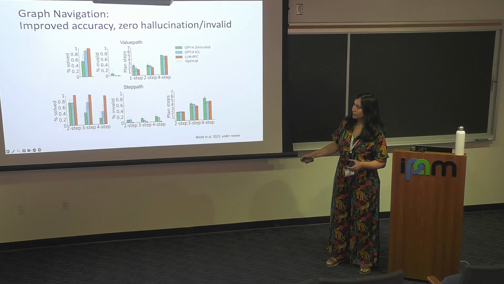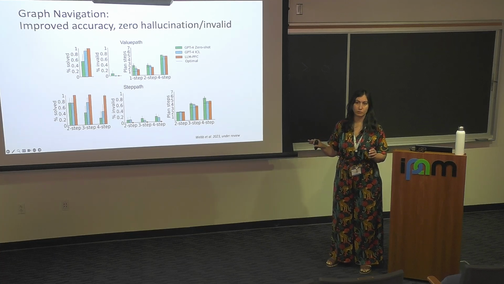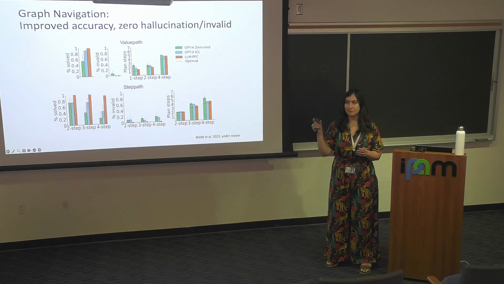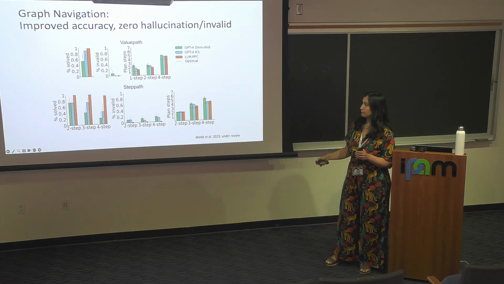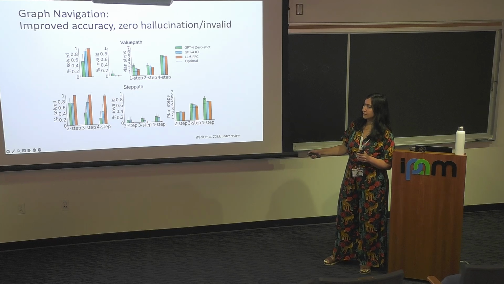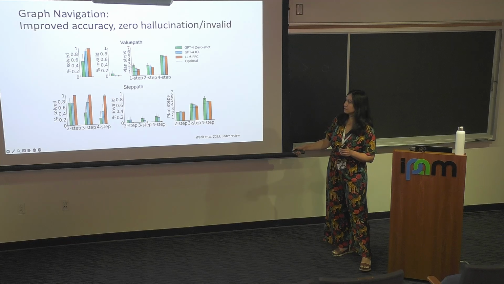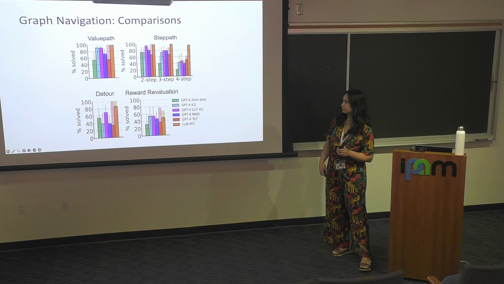But when you break it down, you'll see that the majority of its performance is for the shortest path, and when you go to even 4-step, things really get worse. That's important because when you average across things, you might miss how poorly they do on the more difficult ones. But as you can see, LLM-PFC holds up, which is nice. Invalids are still at 0, and it has the lowest number of planning steps for the correct answers.